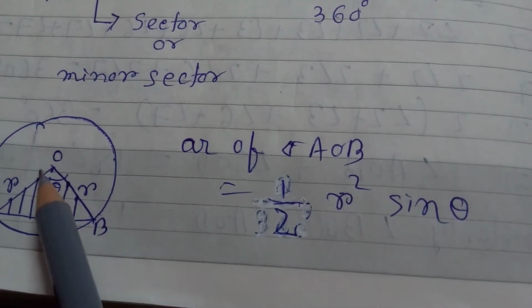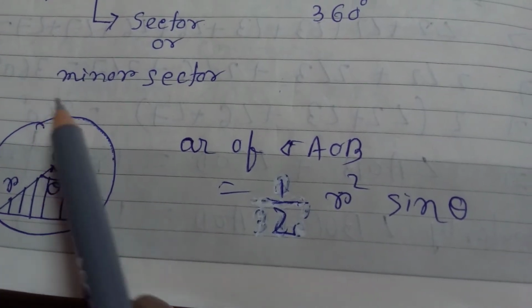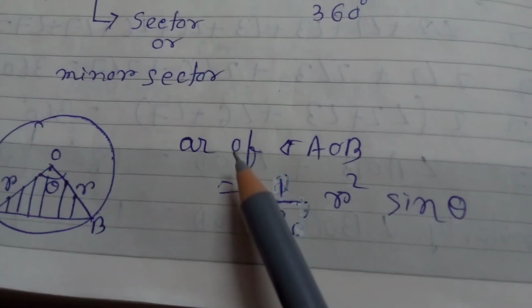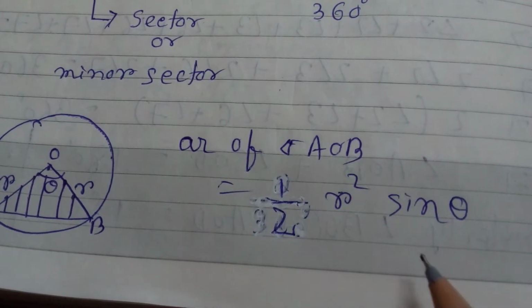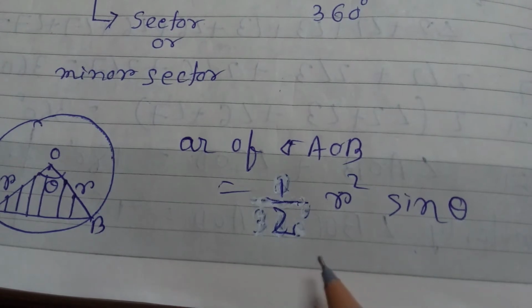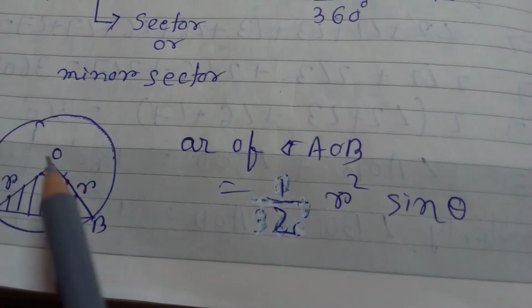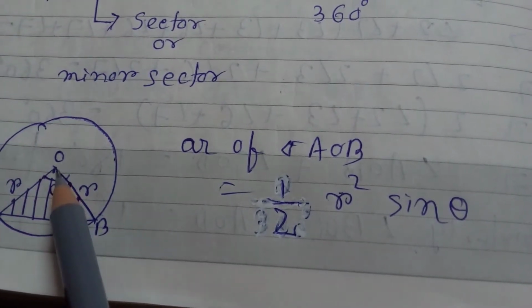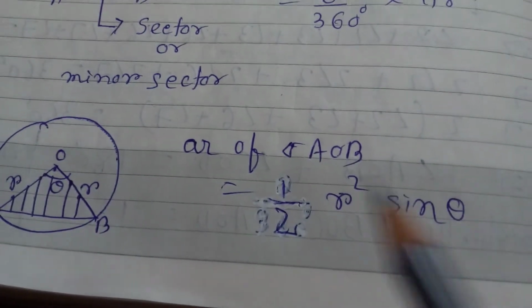When one vertex of a triangle is at the center and the triangle is within the circle, the area of triangle AOB is half r square sin theta. This is the formula for the area of a triangle within a circle with one vertex at the center of the circle. So it is half r square sin theta.